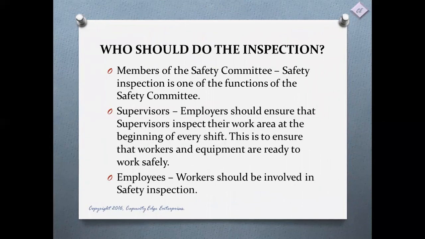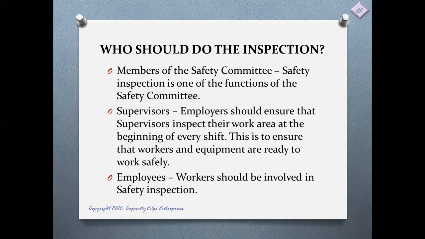So who should do the safety inspection? Members of the safety committee. So a safety committee is a group of people that are charged with managing safety in the workplace primarily. So they work with other employees of the organization to ensure that safety is maintained in the workplace.